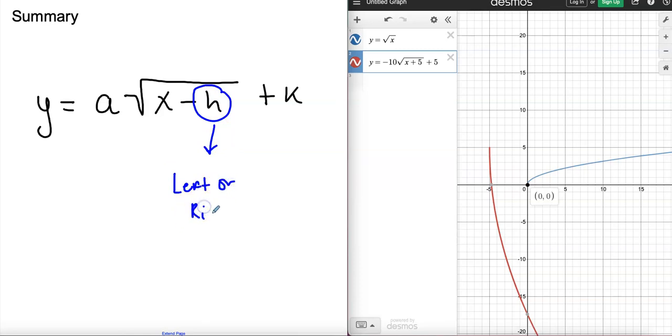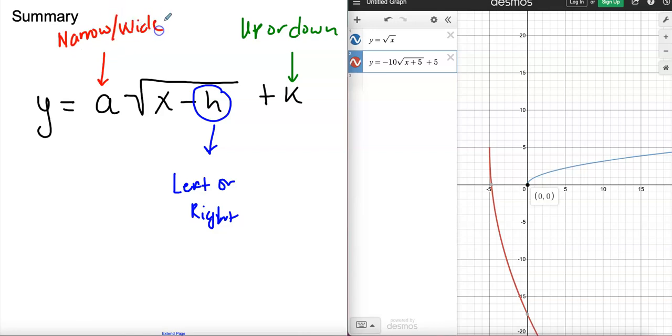The value outside added is going to cause it to either shift up or down. And the value multiplied out front is either going to cause it to get narrow or wide, or it could also cause it to reflect, as we've seen. What will cause it to reflect? If there was a negative out there, then that would cause it to reflect.